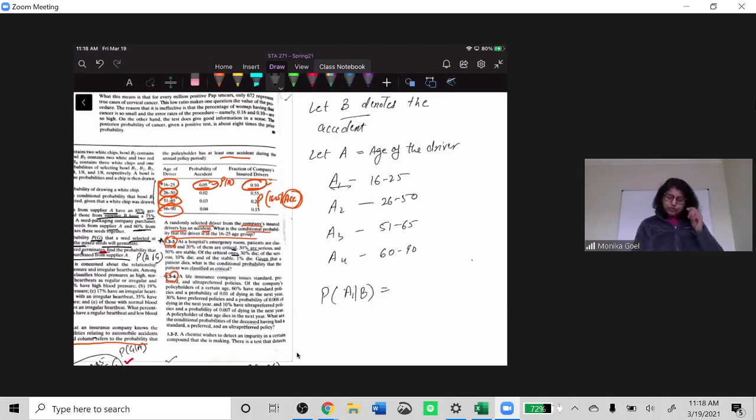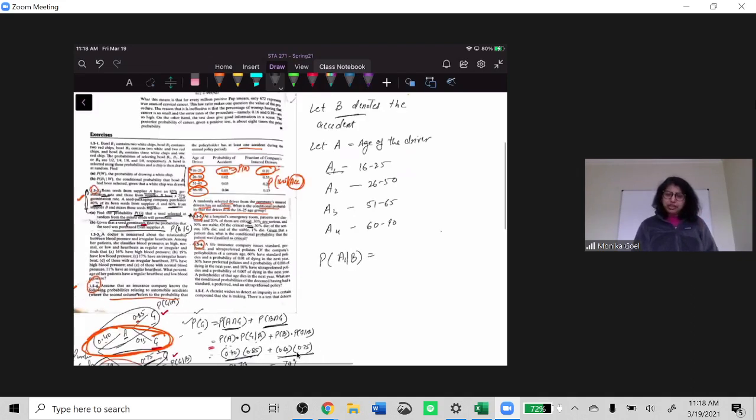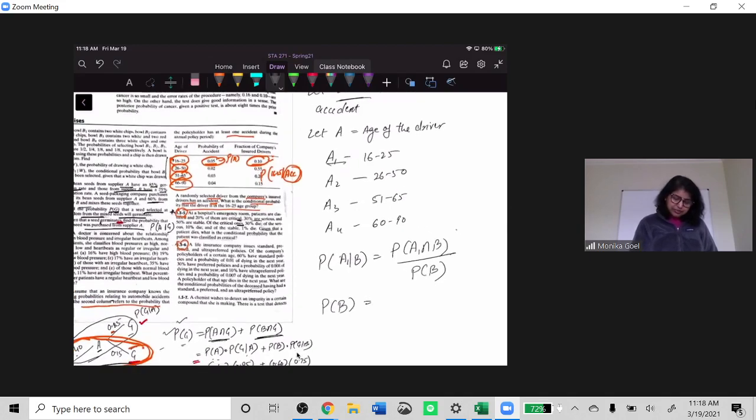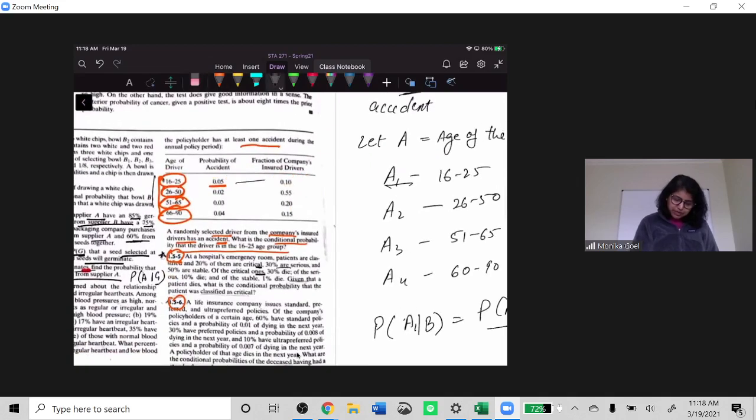So first you need to find the probability of B, because when you look for A1 intersection B, you divide it by the probability of B. And what is the probability of B? You multiply each and then add.